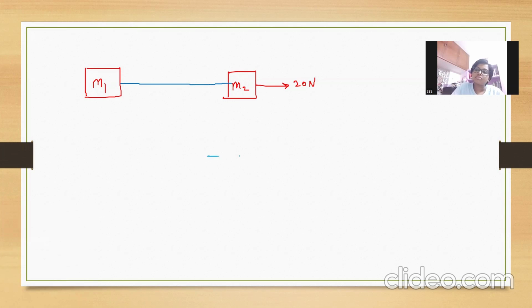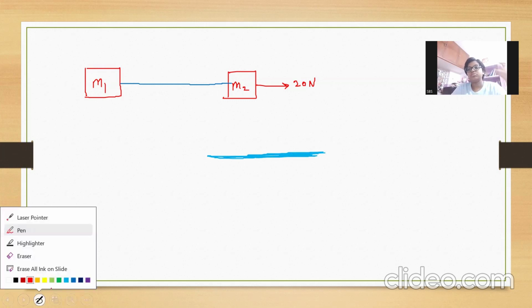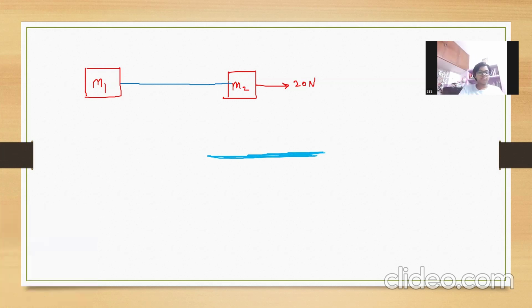This is my string, and the string is massless and inextensible. This is one end of the string, and this is the other end. You can take this end as B, this end as A.